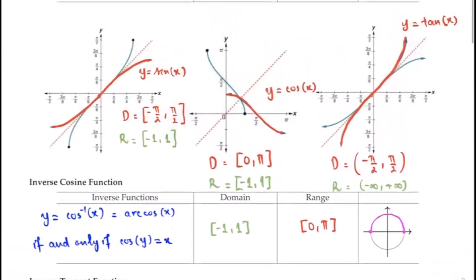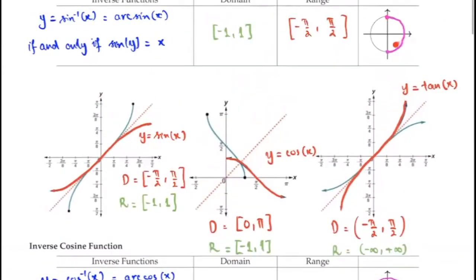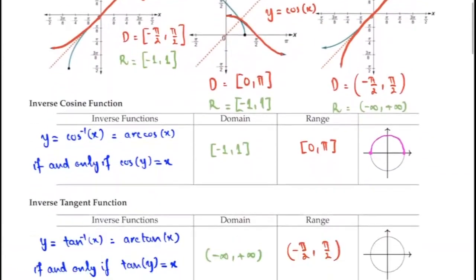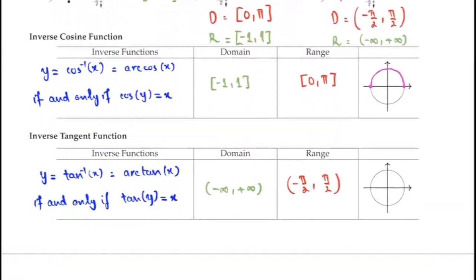Very similar to the case of the inverse sine function here. You choose the right half of the unit circle, but you do not include the endpoints. So in this case, I use an open circle at negative pi over 2 and positive pi over 2. And this is the right half of the unit circle.